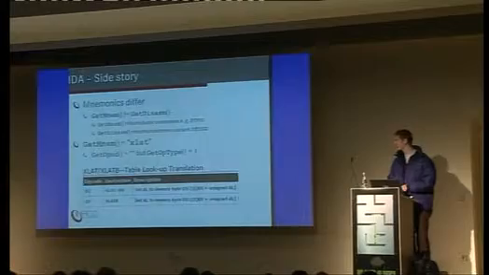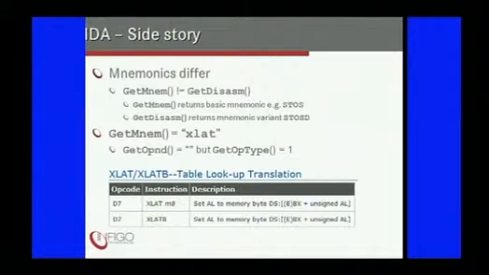So, side story, mnemonics differ. If you use either getMnem function, you'll get a basic mnemonic associated with that instruction. So, for example, if you have stosd instruction, getMnem will return stos. When you try to analyze semantics of stos, it's not the same as stosd. The sizes of the operands are different, and you lose much of the information associated with semantics of the instruction.